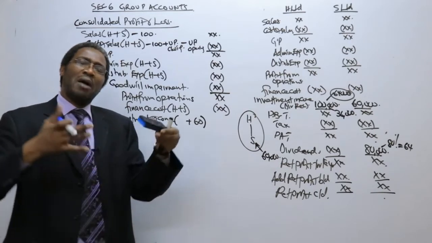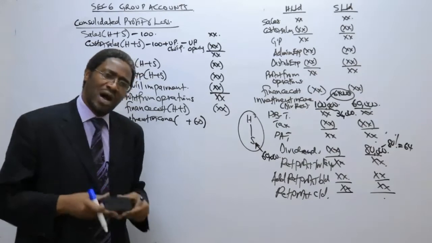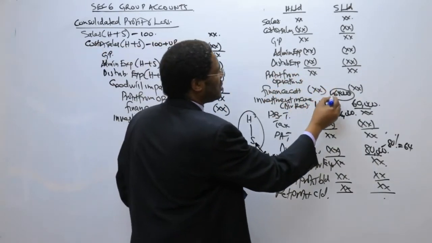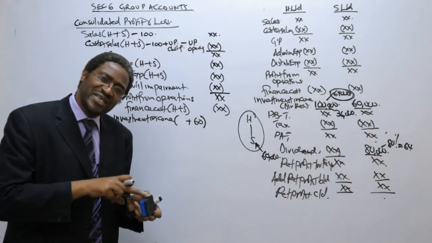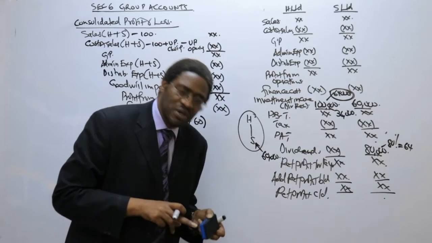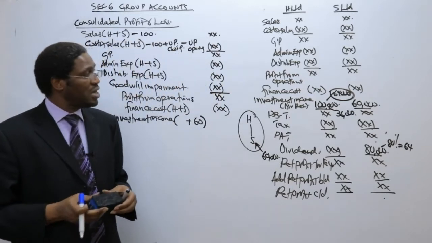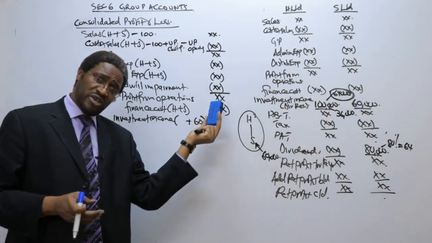So the amount you, H Limited, received from a group member, S Limited, is that 64,000, and we said you should never consolidate any intercompany item. So that 64,000 should not form part of the group investment income.